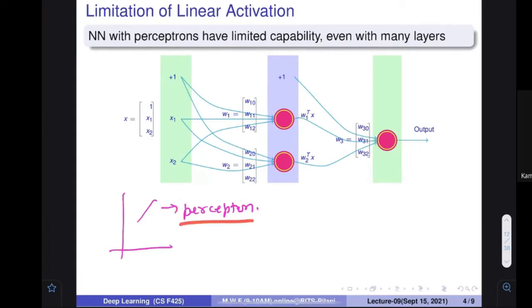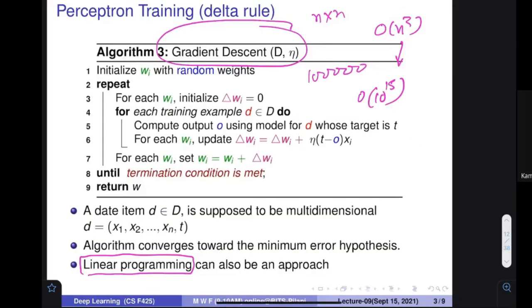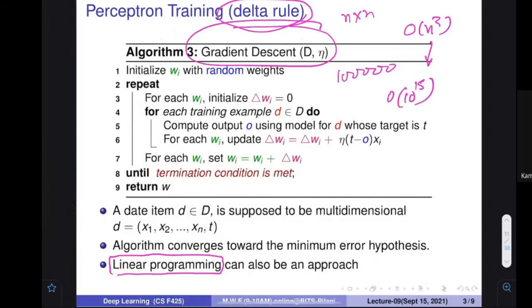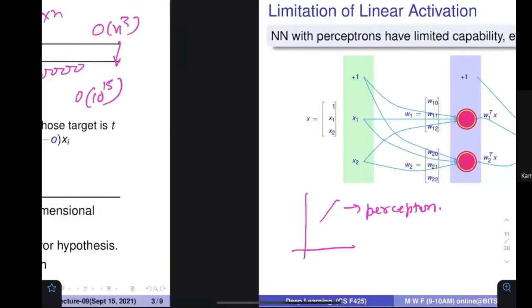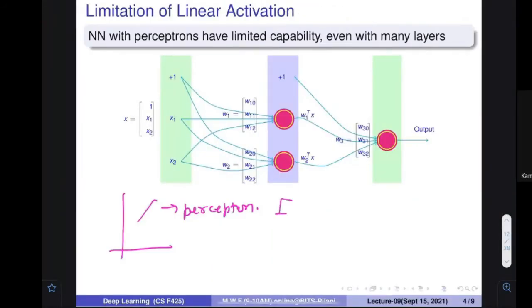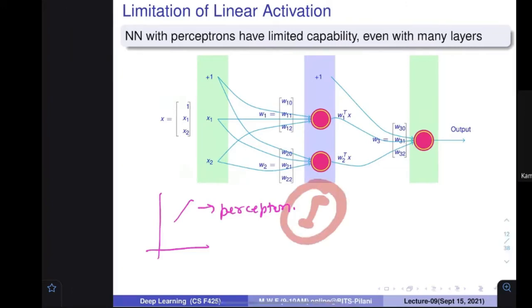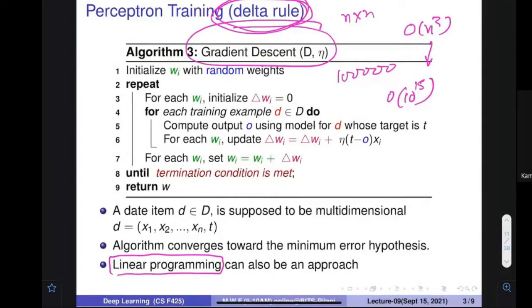Then we did a very unique development: we said we are going to use the delta rule, and we are going to remove the thresholding part of that particular neuron, and after that I am able to train this to the best fit, to the minimum error hypothesis.